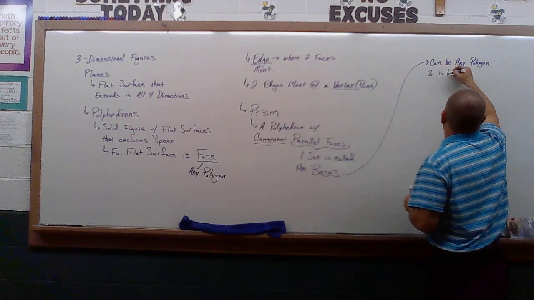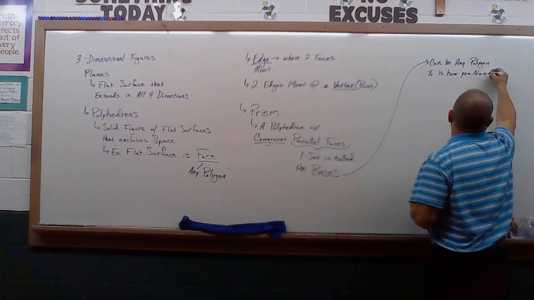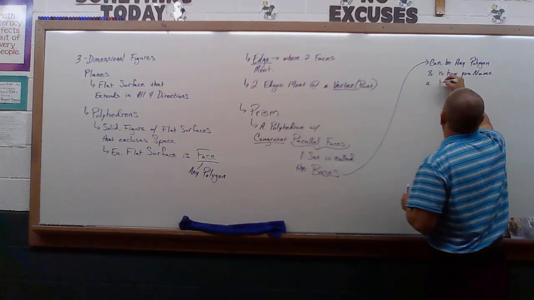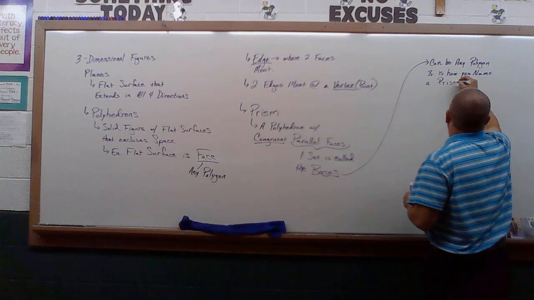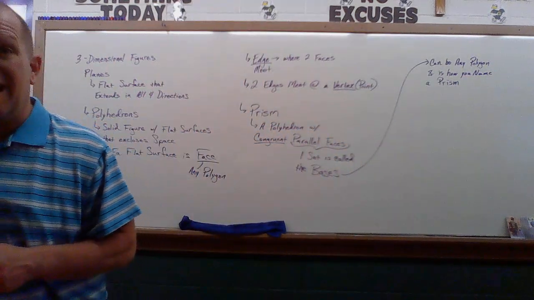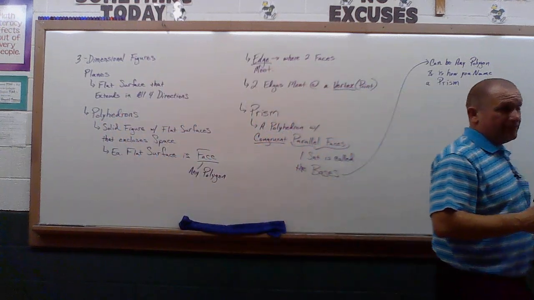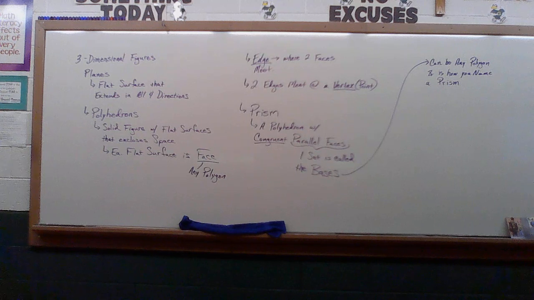And that is how you name it. So again, if I had a pentagon as my base, right? Then it would be called a pentagonal prism. If they're octagons, it would be an octagonal prism.